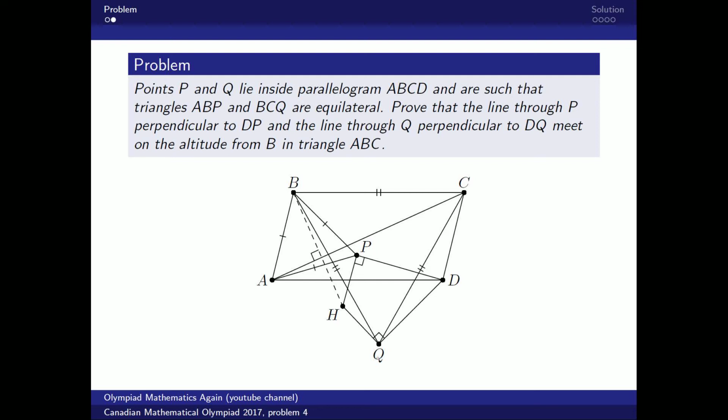So this is the problem setting, and if you want to try to solve this problem on your own, you can stop the video and return to it later to discover the solution. Now we are going to discuss the solution to this problem.